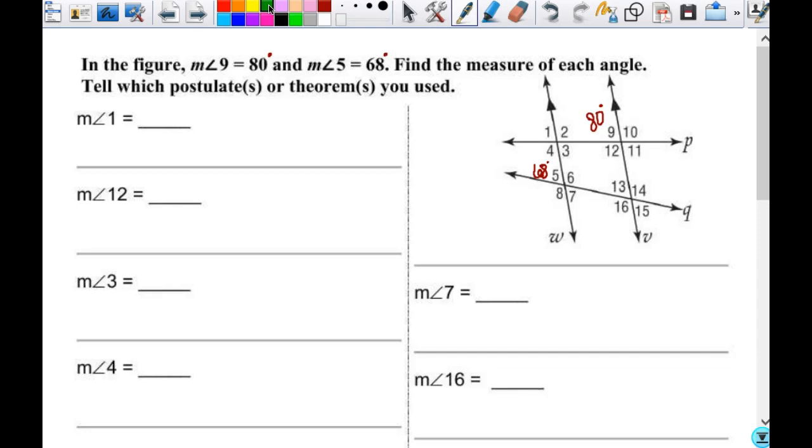Are angle 1 and angle 5 a pair of corresponding angles? 1 and 5. It's a yes or no question. Are 1 and 5 corresponding angles? Yes, they absolutely are. So is the measure of angle 1 68 degrees?